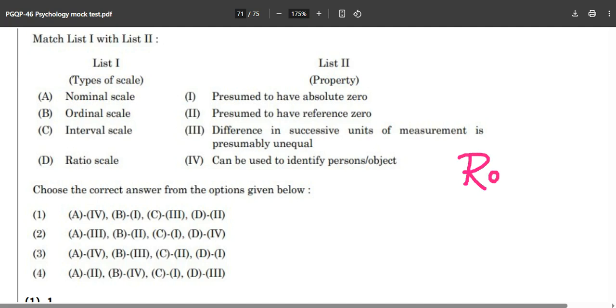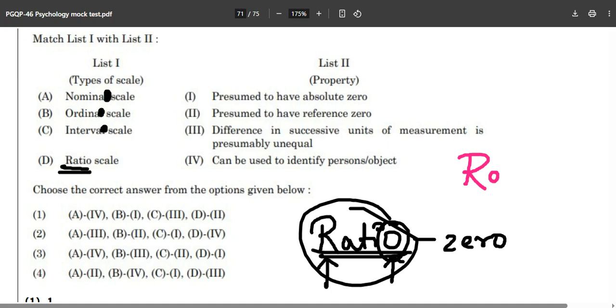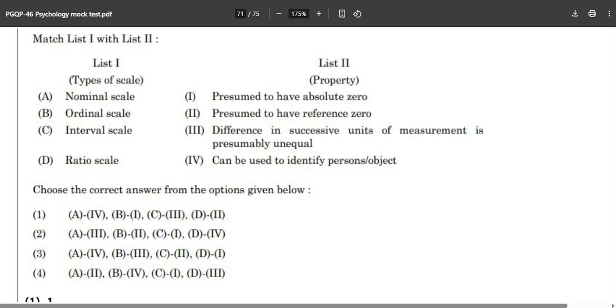As you can see, how to remember this, it's just an improvisation right now. R means ratio scale, and this is zero. So absolute zero will be only in the ratio scale. No zero elsewhere, only in the ratio scale you will find the absolute zero.